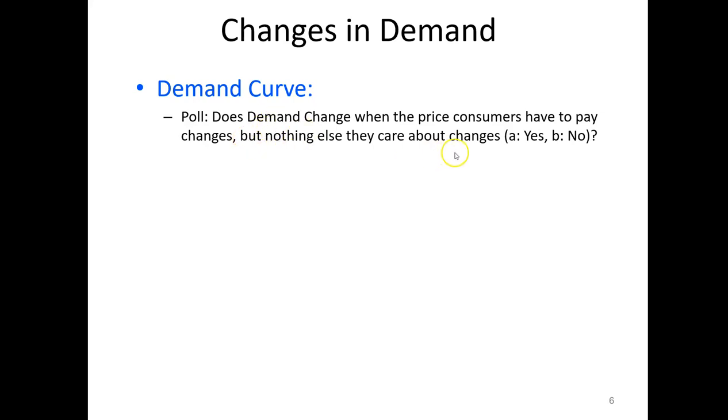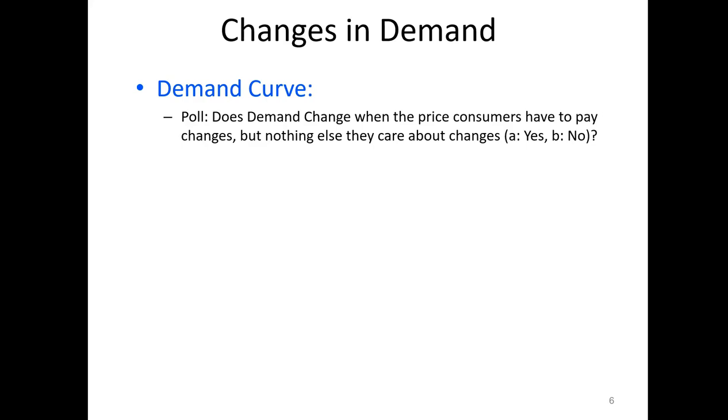Does demand change when the price consumers have to pay changes, but nothing else that the consumer cares about changes? To answer this question, you need to think about how we just defined demand. Demand is how much consumers are willing and able to buy at all different possible prices.